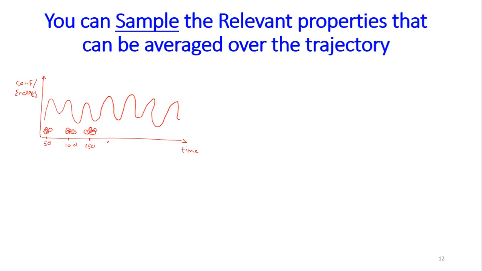At 200 picoseconds, your protein conformation might be something like this, and so on and so forth till you reach the final nth conformation, where your protein might look something like this.